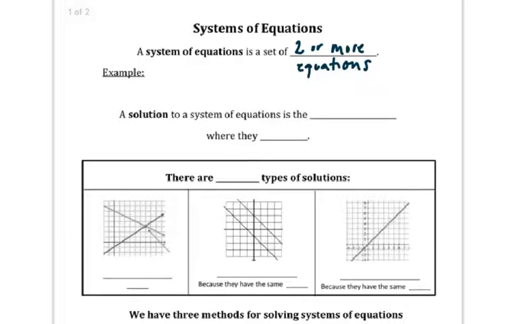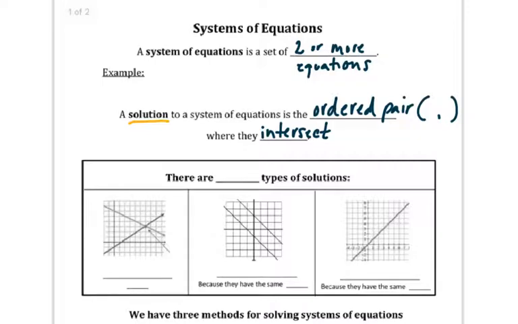A solution to a system of equations is the ordered pair where they intersect or cross. It's the ordered pair where the two lines would cross.